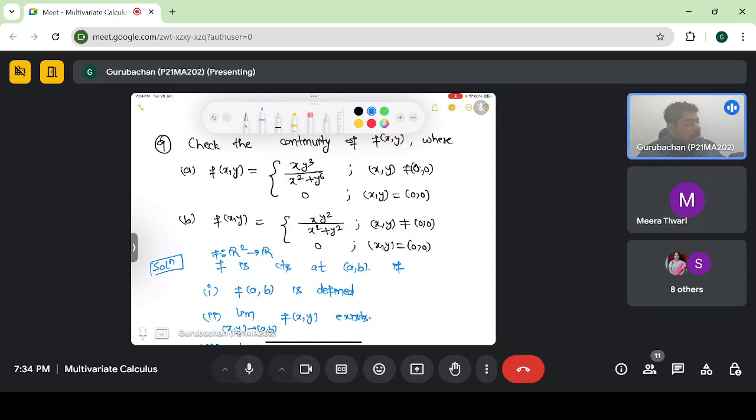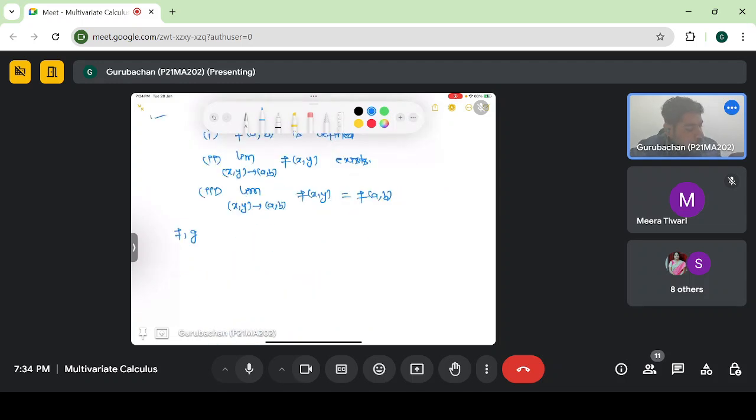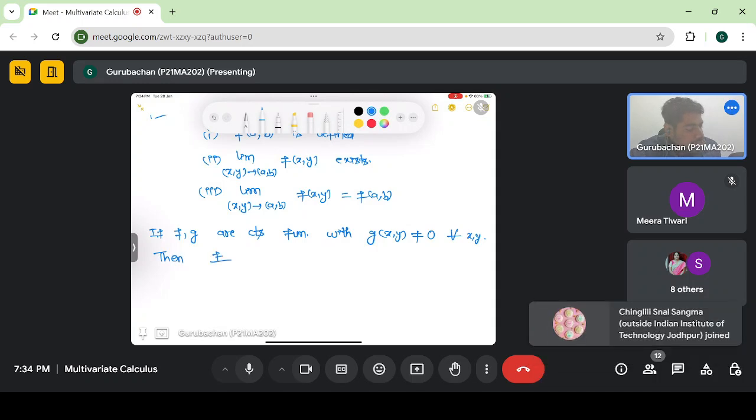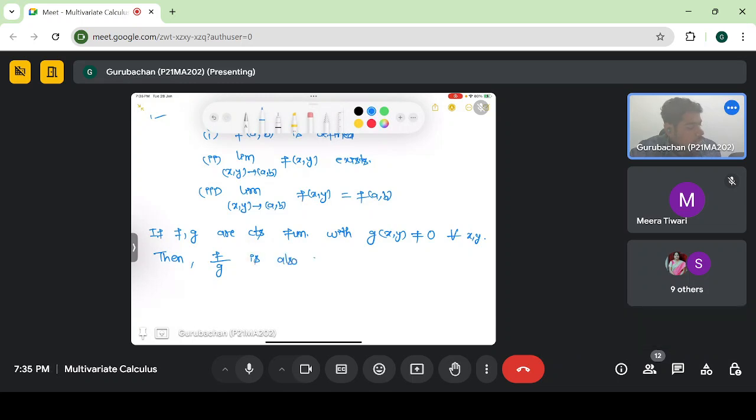Right. So whenever (x, y) is not (0, 0), we have the function x y cube divided by x square plus y to the power 6. Both the functions are continuous, and we know that by the algebra of continuous functions, if f and g are continuous and the denominator is not equal to 0, then f by g is also continuous. Let me mention here, if f and g are continuous functions with g(x, y) not equal to 0 for all (x, y), then f by g is also continuous.